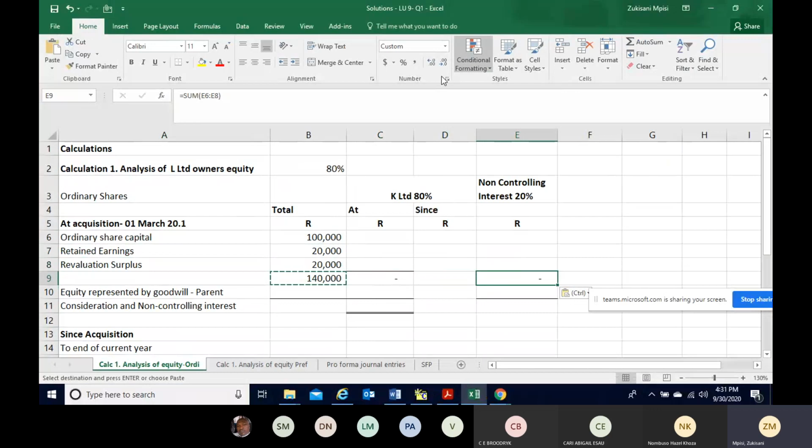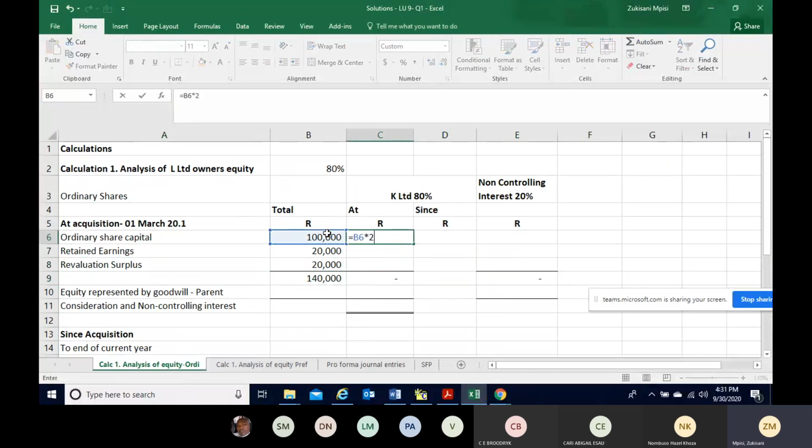So that means we can easily now take up the percentage of shareholding. For the parent, it's 80%, and for the non-controlling interest, it's 20%.